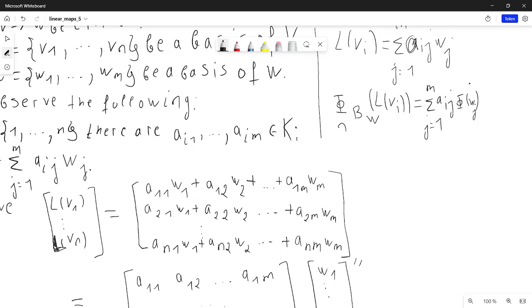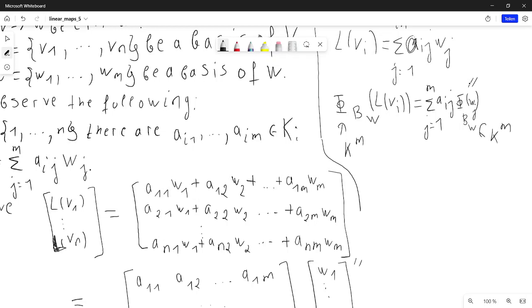This is now an element of K^m, and this is now, of course, I mean, I should write it down here, W, element of K^m. But this is not just any element of K^m. This is a special element of K^m. Which one?